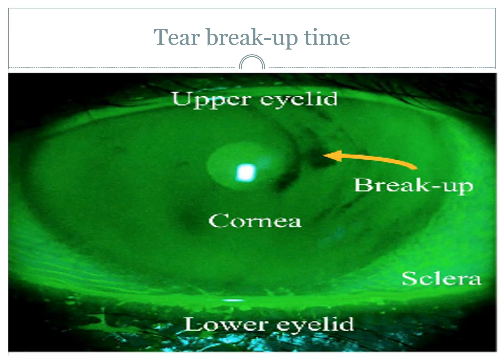Now, the TBUT is defined as the time taken for the first dry spot to appear on the cornea after a complete blink. The TBUT measurement itself is an easy and fast method used to assess the stability of something known as the tear film. It is a standard diagnostic procedure for anything to do with dry eyes.